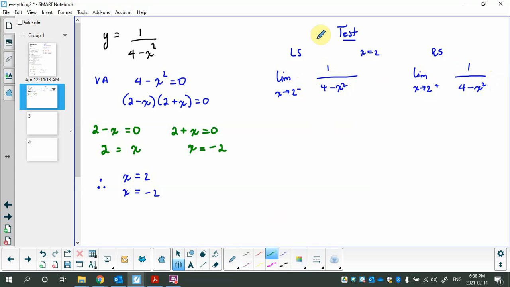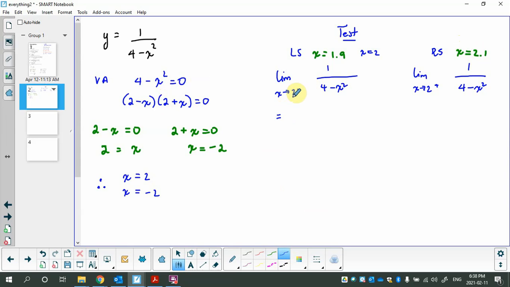So I'm going to pick some values, and I'm going to let you know which ones I'm picking. I'm going to pick to the left of 2, 1.9, and to the right of 2, I'm going to pick 2.1. And I think I can do this in my head without using the factored version.